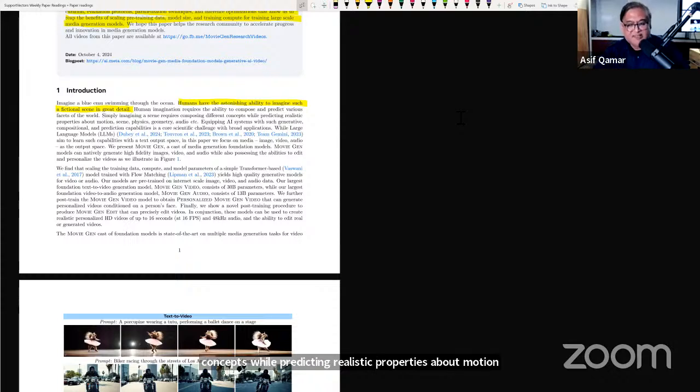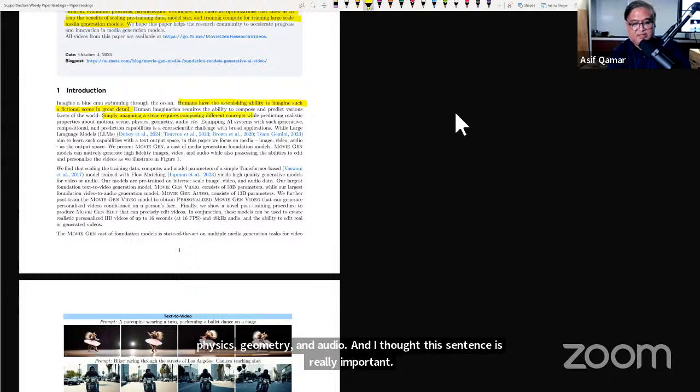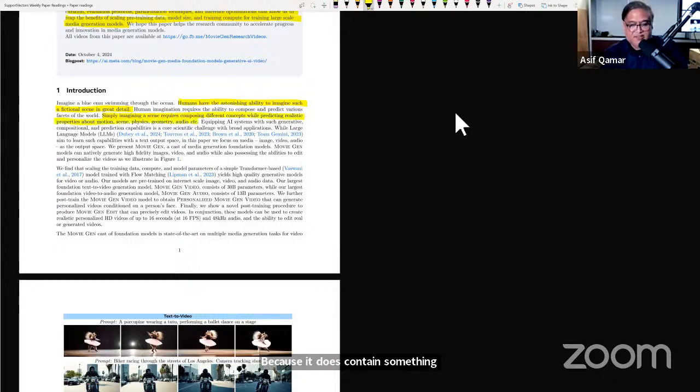And I thought this sentence is really important because it does contain something very crucial in the way they go about it. Simply imagining a scene requires composing different concepts while predicting realistic properties about motion, scene, physics. Spontaneously this picture comes to your mind, and that picture more or less respects geometry, physics, and everything.